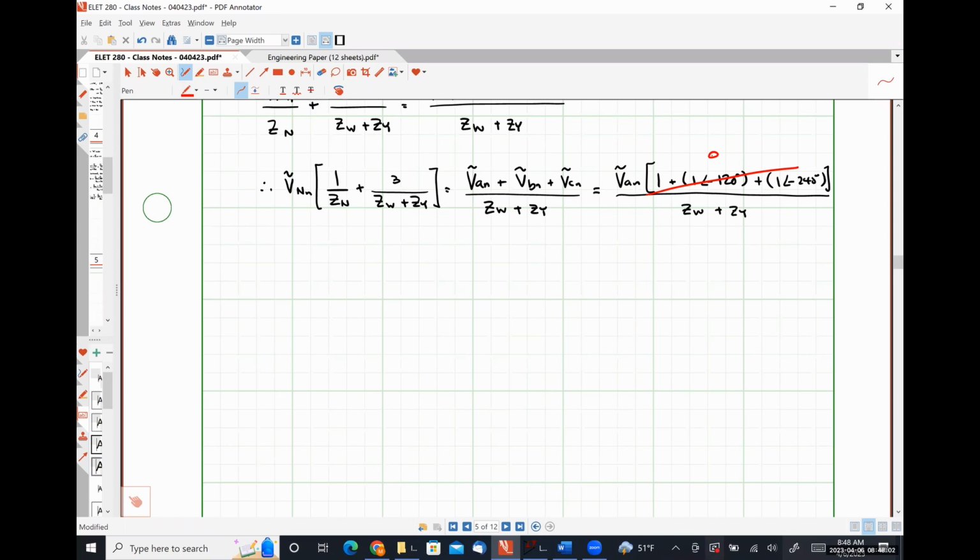So I have VAN times zero over ZW plus ZY. So what's the right-hand side of this equation look like? Well, anything times zero is zero, right?